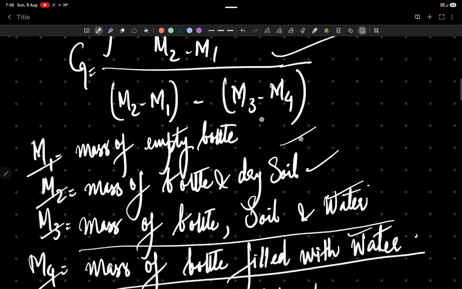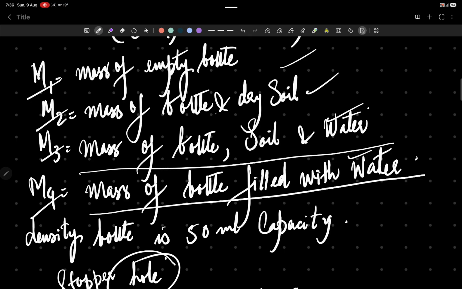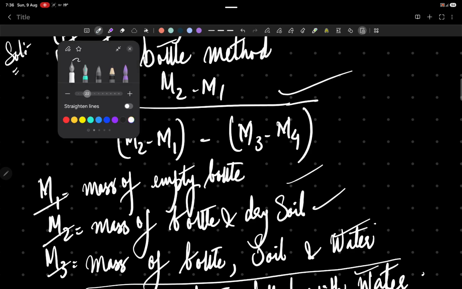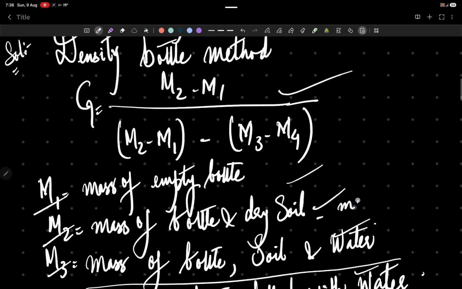In the equation, in both the numerator and the denominator, we have M2 minus M1, that is the mass of bottle and dry soil minus the mass of the empty bottle.